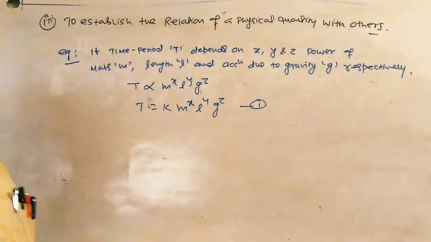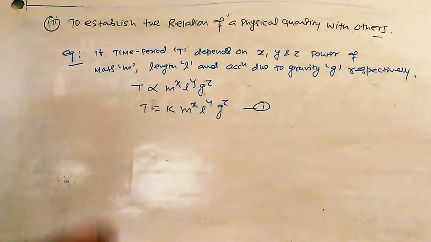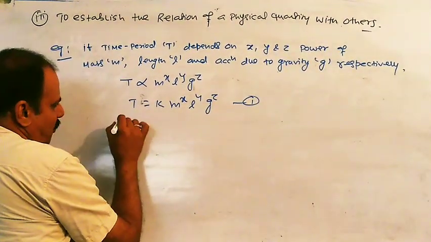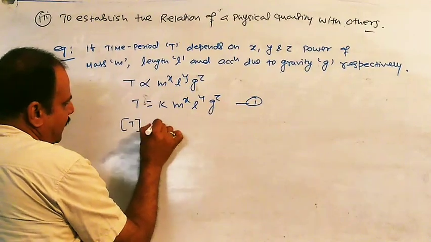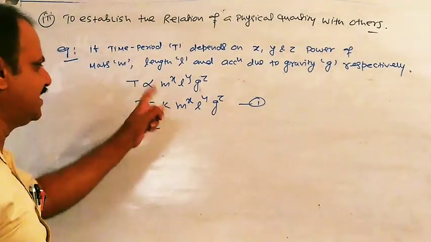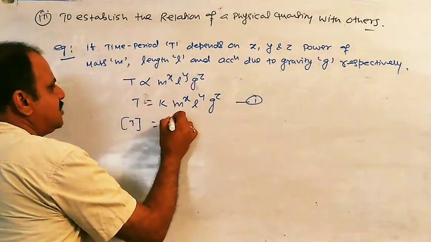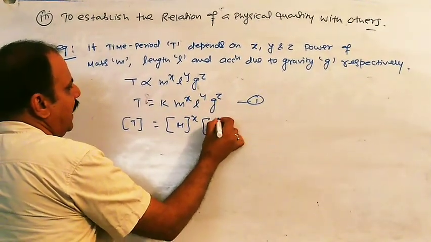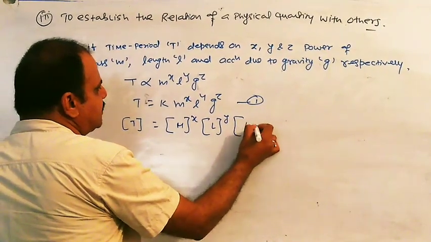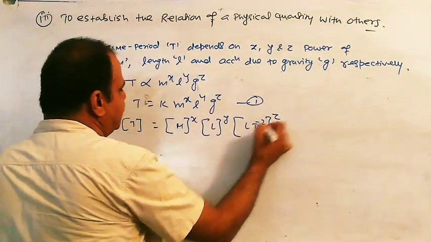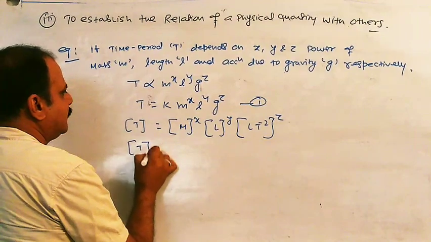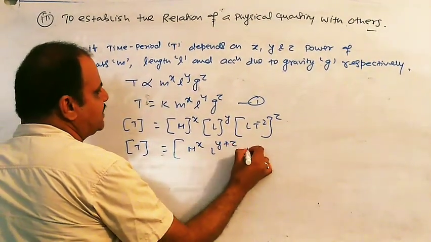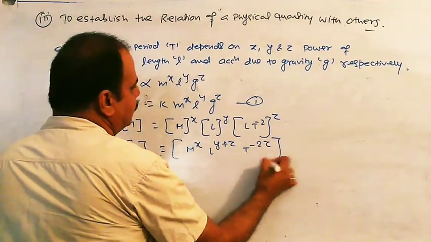Now for finding the value of x, y and z, put the dimensional formula both sides. So putting dimensional formula both sides, t can be written as k, a dimensionless numeric constant, m mass, l length, and g acceleration due to gravity LT minus 2 power z. M to the power x, L to the power y plus z, T to the power minus 2z.